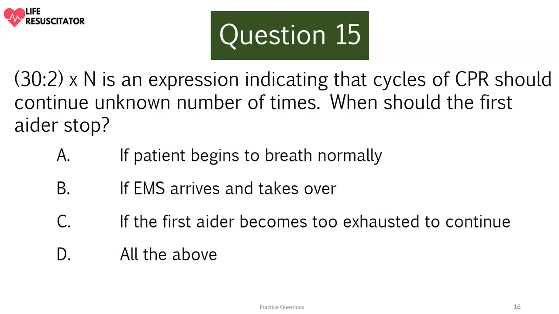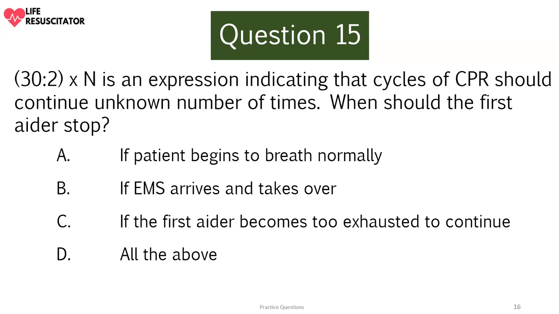Alright, so 30 and 2 times n is an expression indicating that cycles of CPR should continue an unknown number of times. So 30 compressions, 2 breaths should continue n times, and n is unknown.